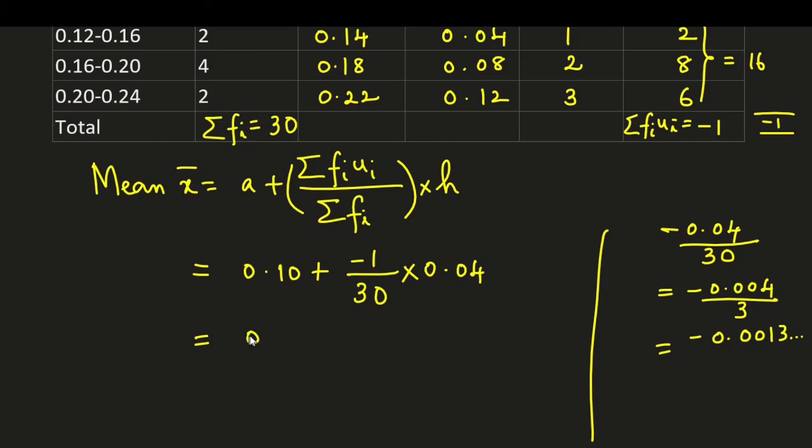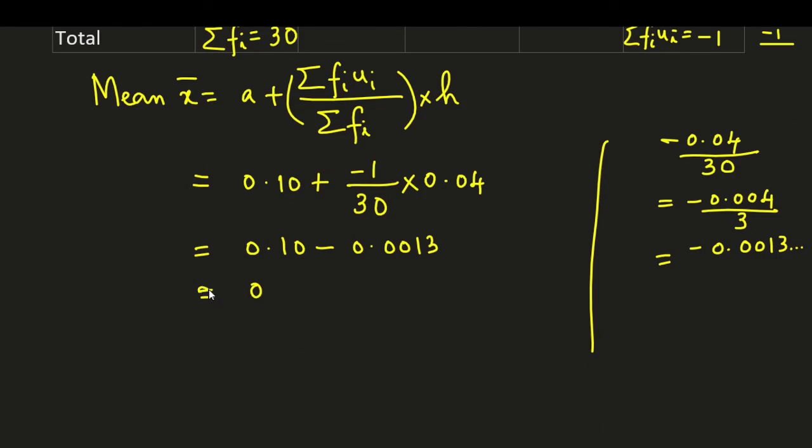So this is 0.10 minus 0.0013. Approximately this is equal to 0.099 ppm.